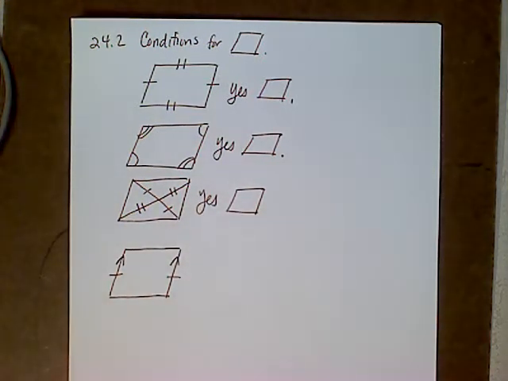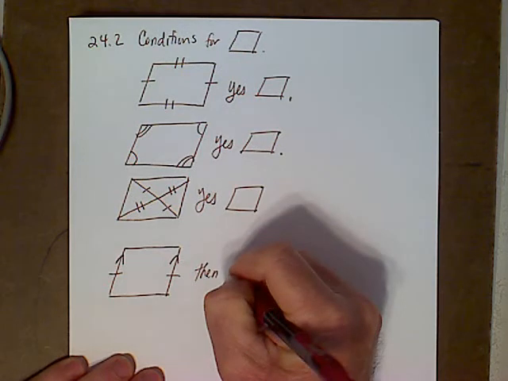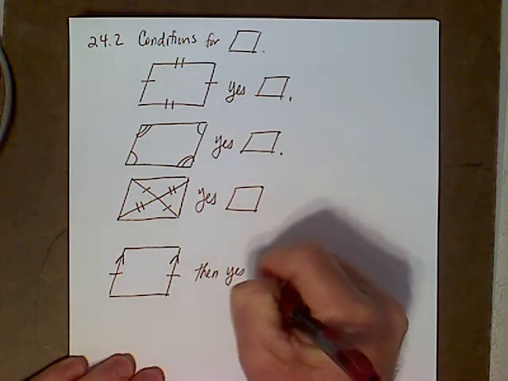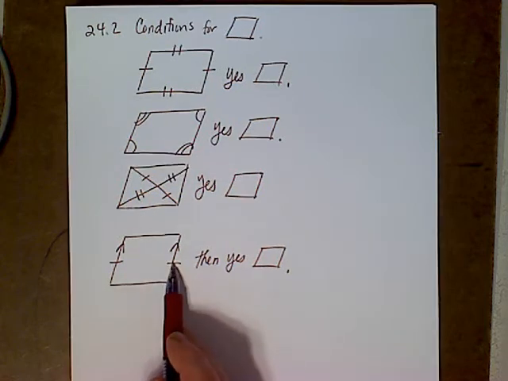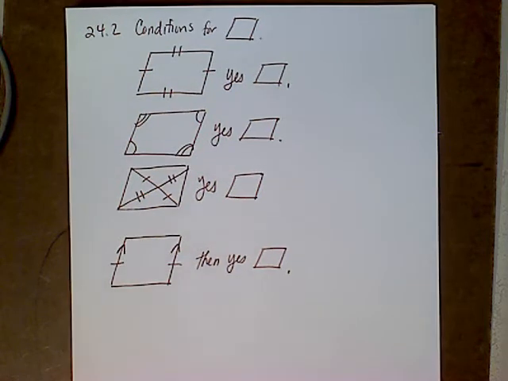So one pair of opposite sides are parallel and congruent, then you have a parallelogram. Then yes, parallelogram. Okay, so this is kind of a minimum requirement type theorem. Okay, that as long as you have opposite sides congruent and parallel, then yes, a parallelogram.